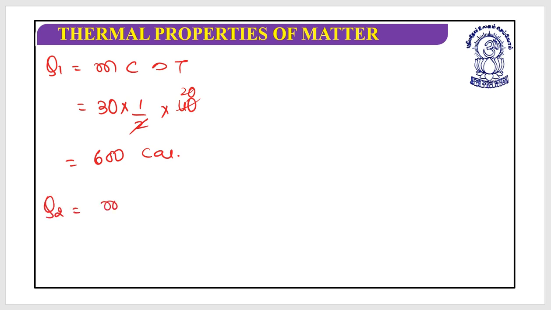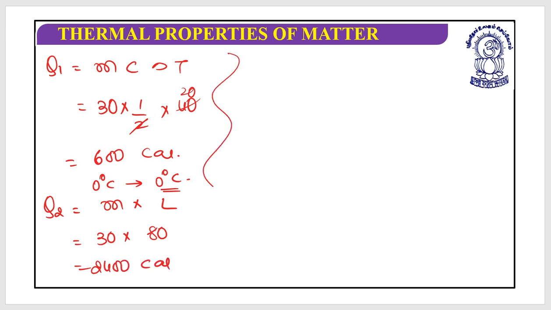This is Q2, which will be M into L, at 0 degrees Celsius to 0 degrees Celsius. This is 30 into 80, which will be 2400 calorie. So the Q total requirement will be 600 plus 2400, which is equal to 3000 calorie.